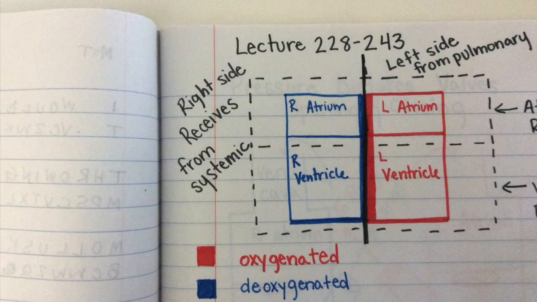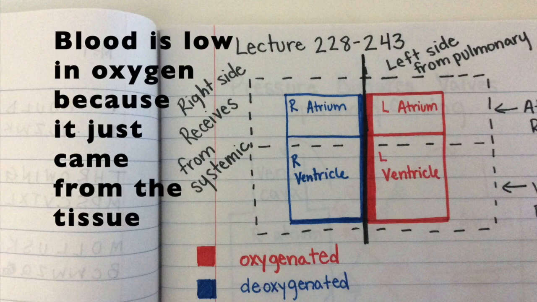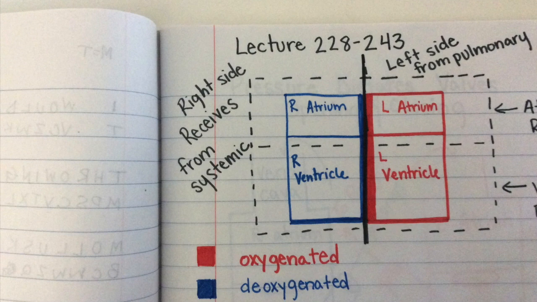Specifically, a drop of blood would return to the right atrium after coming back from the systemic system. It is low in oxygen and high in carbon dioxide. That blood would then travel to the right ventricle, where it would be pumped to the pulmonary circuit.